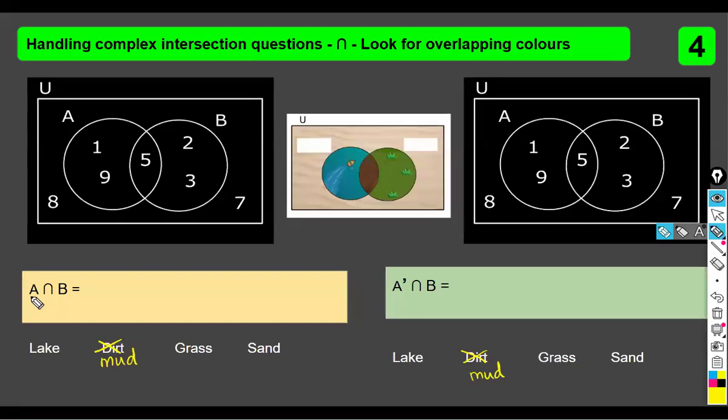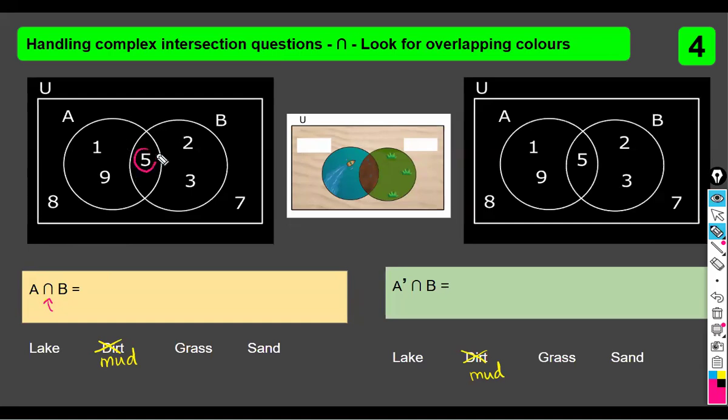The question asks us to find A intersect B, and remember what this symbol means? This symbol means A intersect B. This means what is common to A and B. Now, most people would know the answer to this question, right? So in other words, where do A and B overlap?